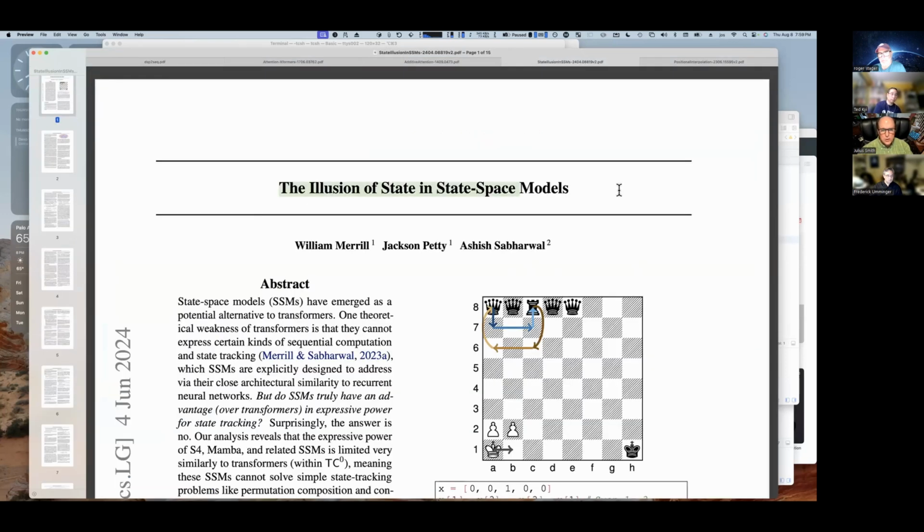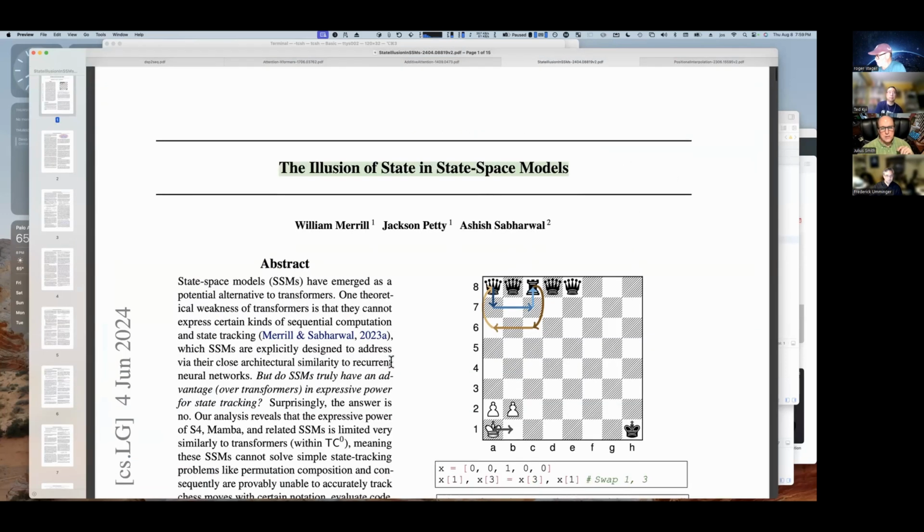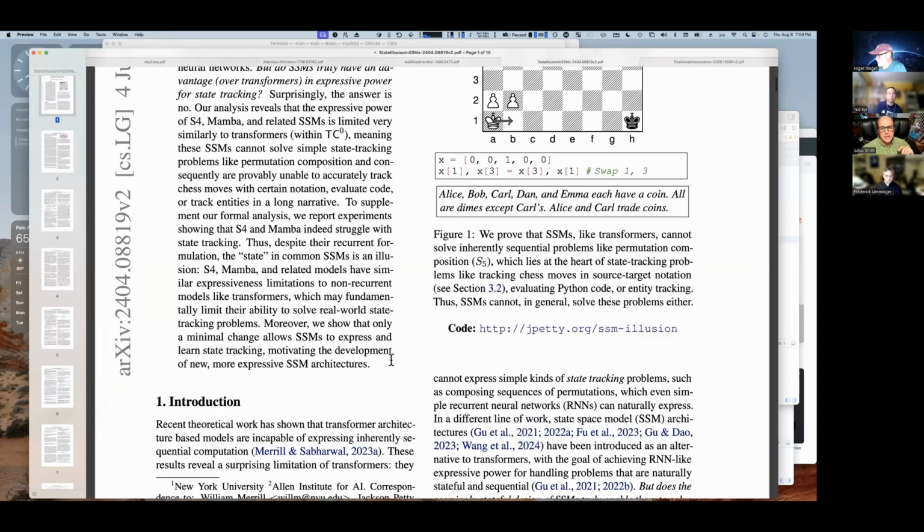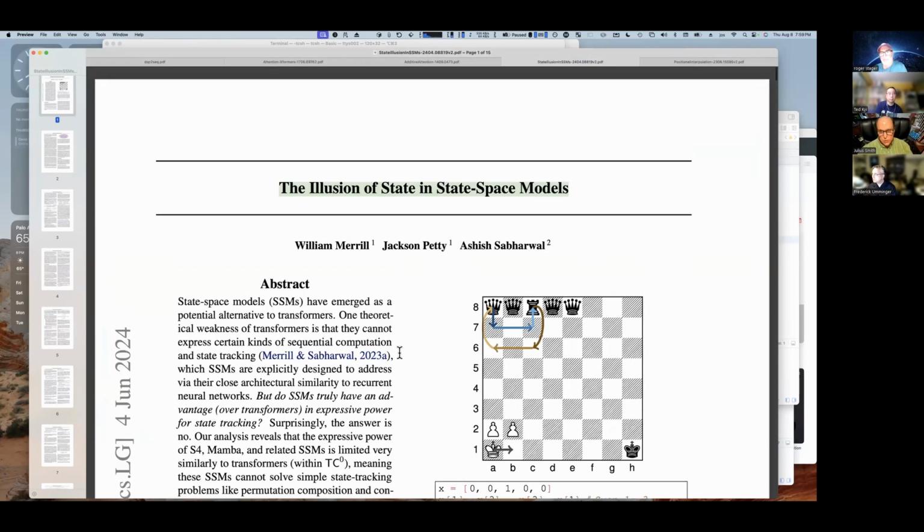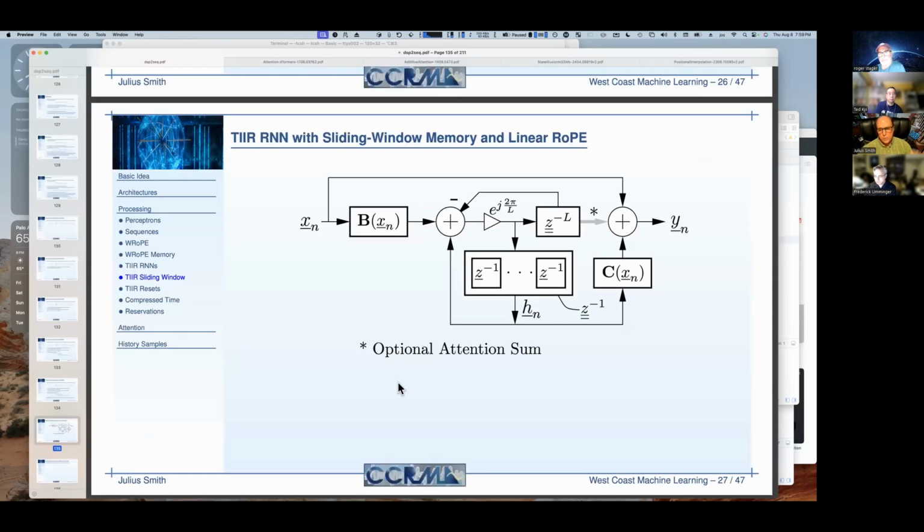It's called The Illusion of State and State Space Models. So check this out. But the answer is, you need a full matrix. So it's much more complicated, much more expensive. And I don't know if anyone wants to spin that, but this is really a slick, fast little thing. I'm going to program it up in PyTorch and give it a spin and see what I can come up with, see what happens.